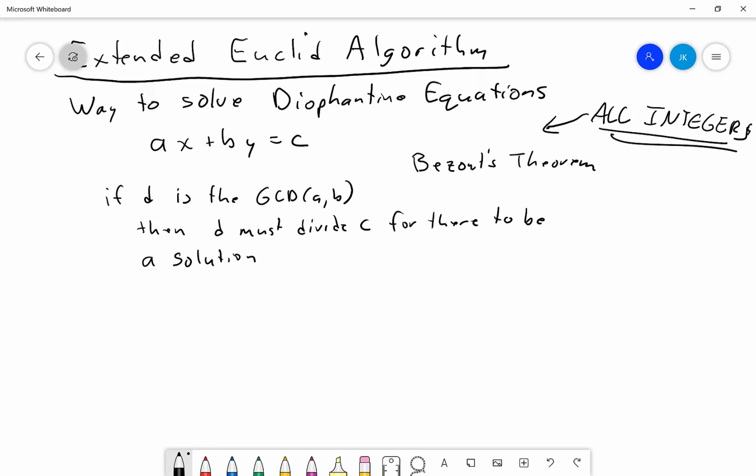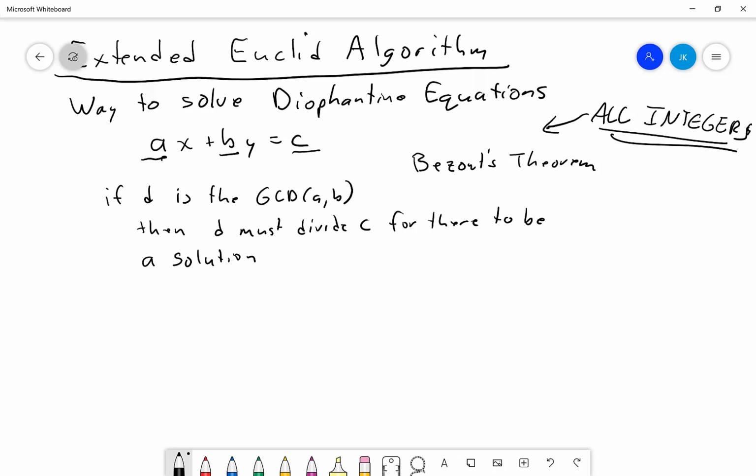We are going to be given A and B and C, and we want to find X and Y that are integers that make this true. And the only way that's true is if C is divisible by the GCD of A and B. Okay, so I'll say that again.